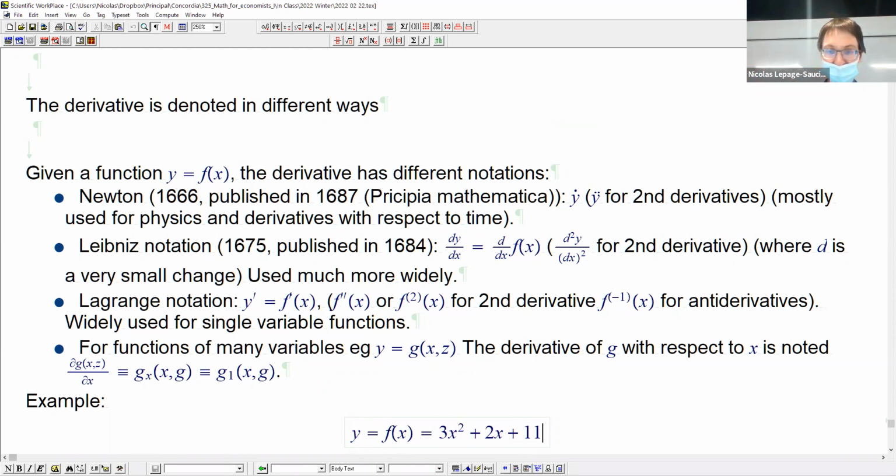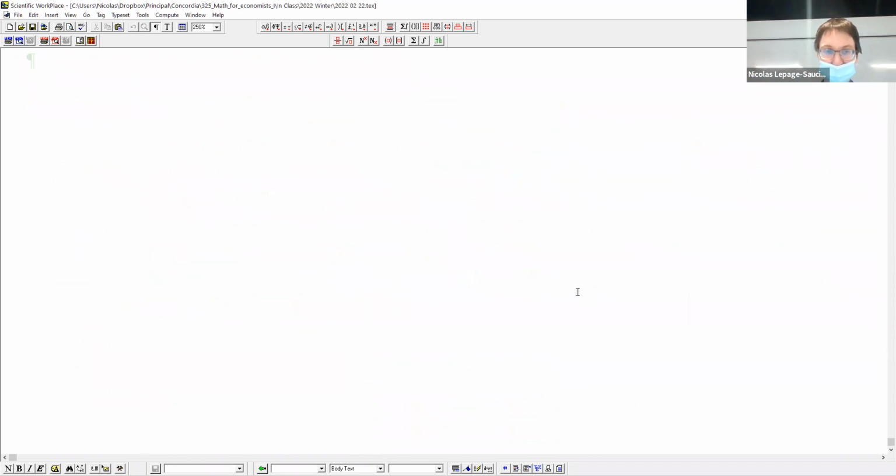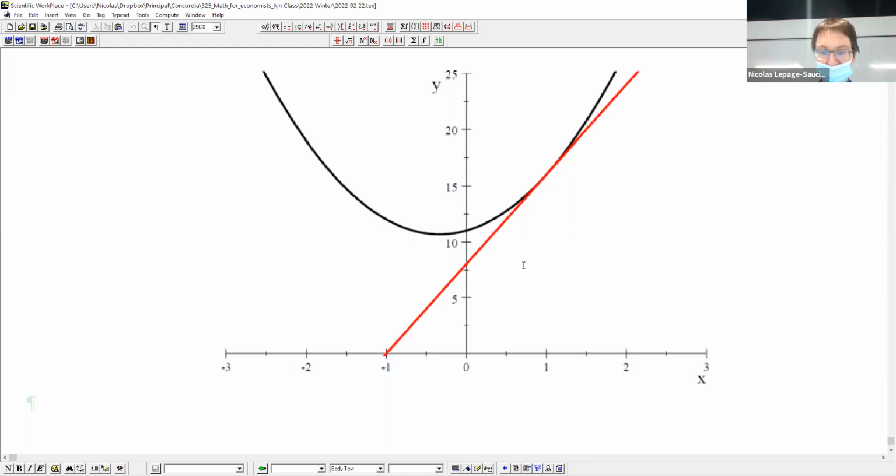So I have the derivative at x equals 1, which is the slope of the curve.